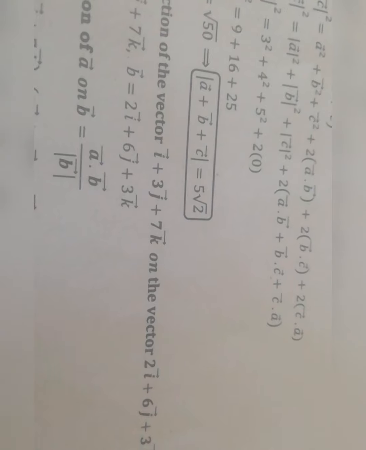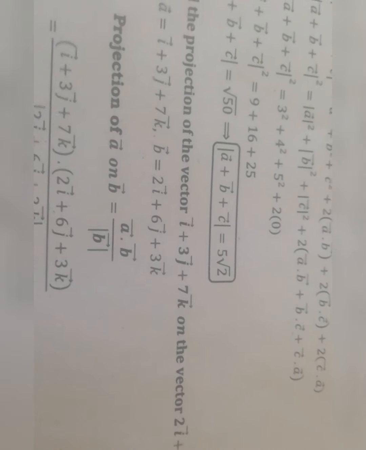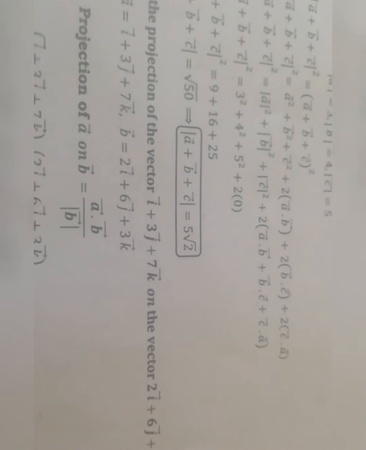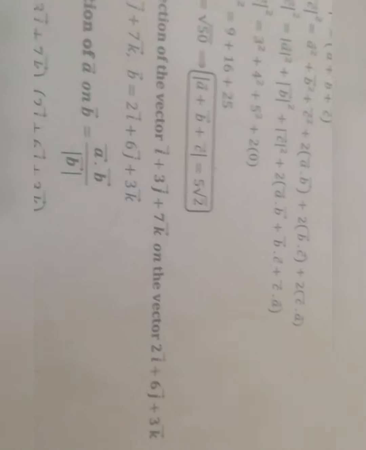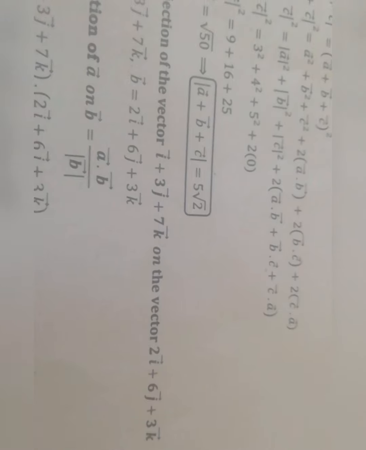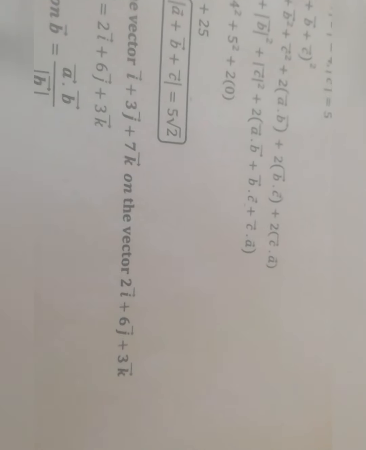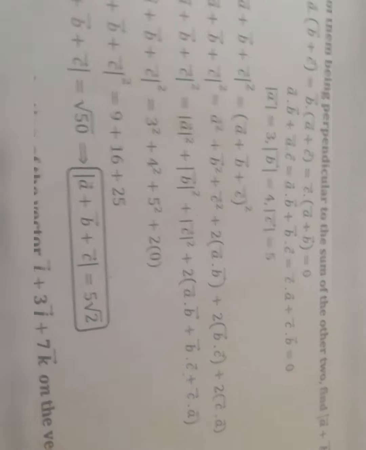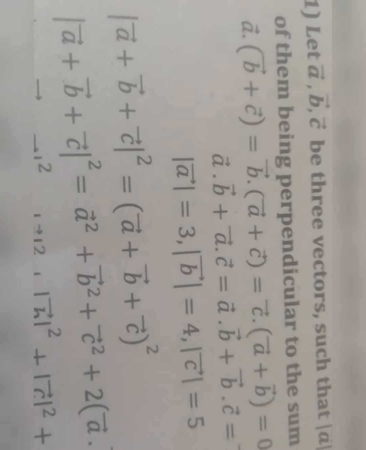So we get the answer 50. So (A plus B plus C) whole square equals 50. So modulus of A plus B plus C is root 50. 50 can be written as 25 into 2, that is 5 root 2. Okay, can you understand or not? See, line by line.